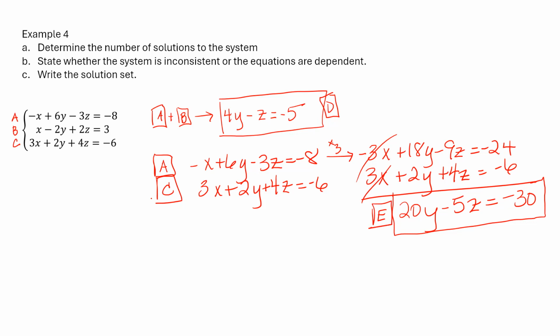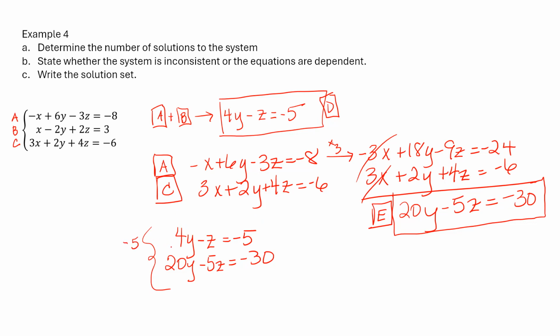So if I put D and E together, 4y minus z equals negative 5, and 20y minus 5z equals negative 30, and I try to do elimination on those. Let's say I multiply the first equation through by negative 5 to eliminate the y's.